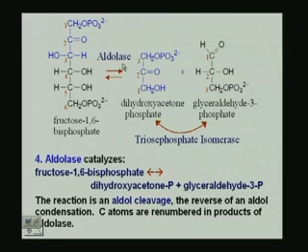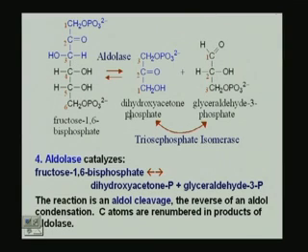We have now an aldolase, which is a reaction that is going to involve aldol cleavage, and there is going to be a reverse of aldol condensation, which means you are going to have a break at this position here, where we are going to have the formation of 2 3-carbon units.